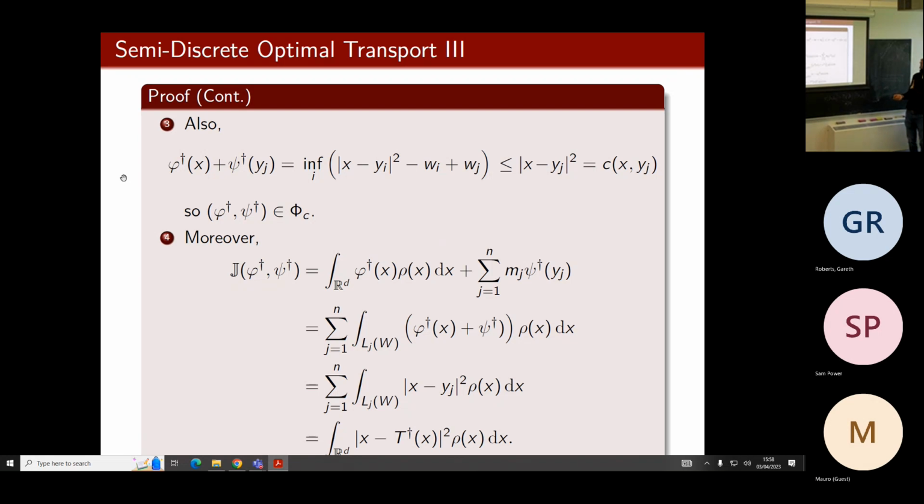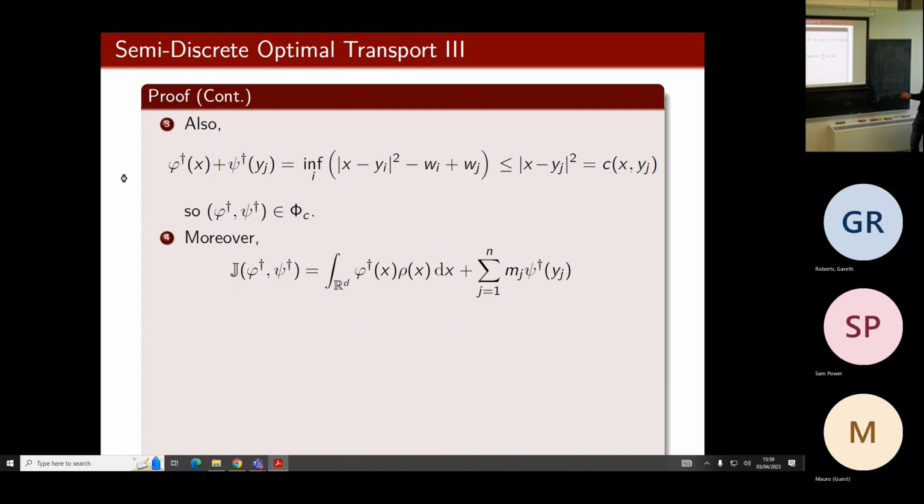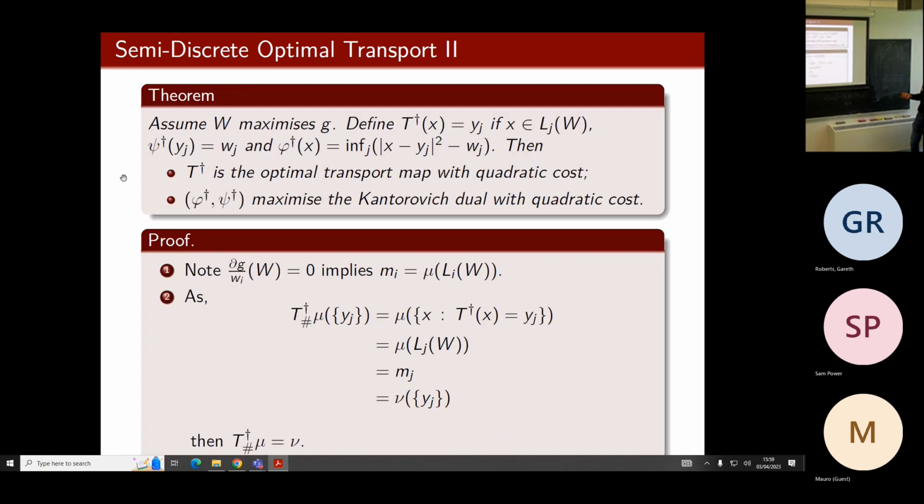I think it's partly the other way around. So this has to be equality. And so the reason why, I think it's just going to follow exactly from my psi dagger.